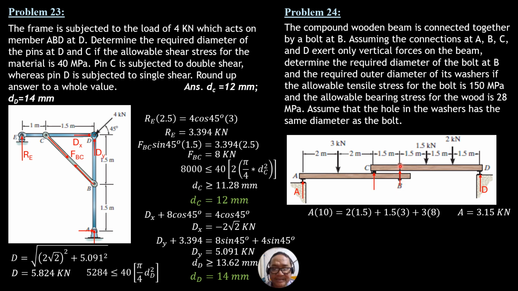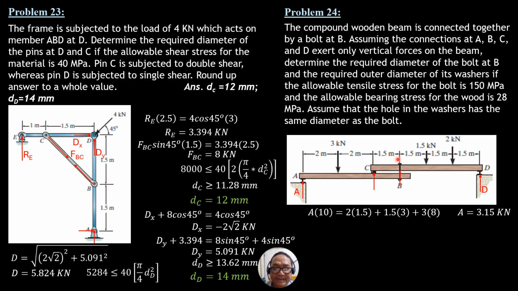B times 1.5. It is downward or upward here because it is in tension. So just assume this is upward. So the tensile force at B is upward because this is not included.